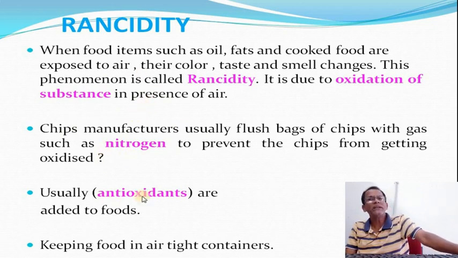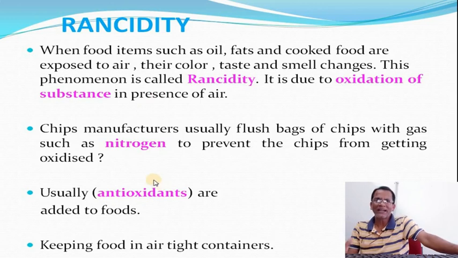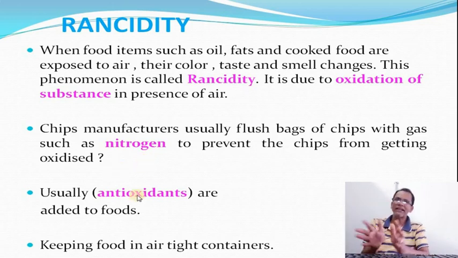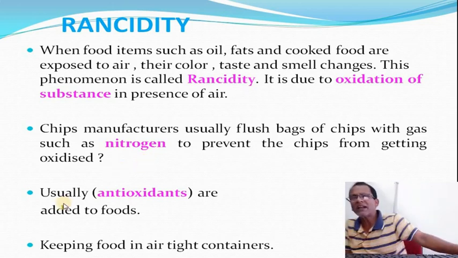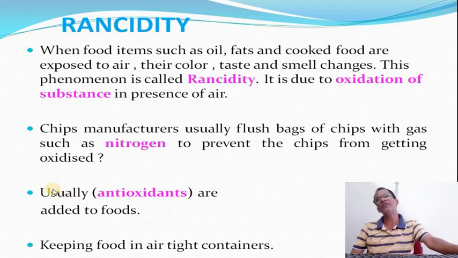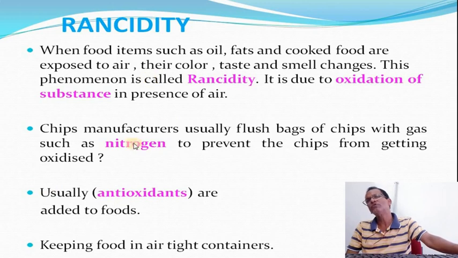Keeping the antioxidant, adding preservative, or keeping the substance in the nitrogen atmosphere, or keeping the food substance in an airtight container. Another factor is also temperature. If temperature is very low, rancidity can also be checked. So these are the very important applications of this chapter. Okay, thank you.